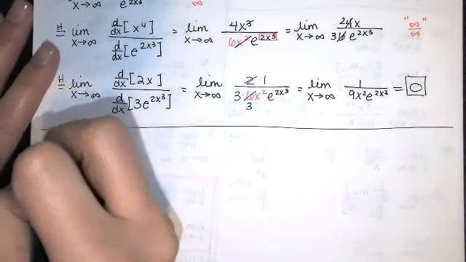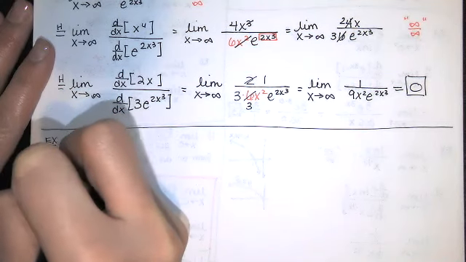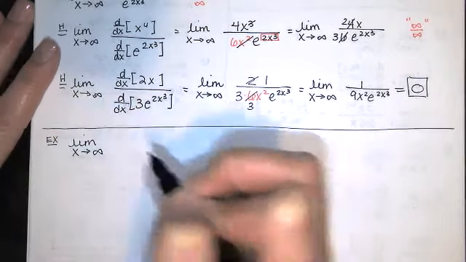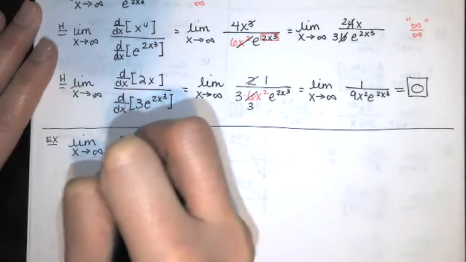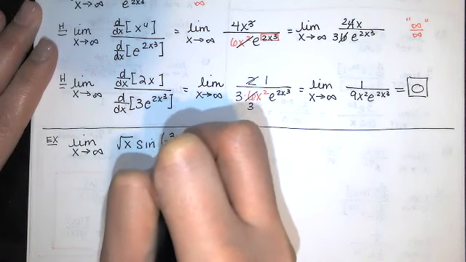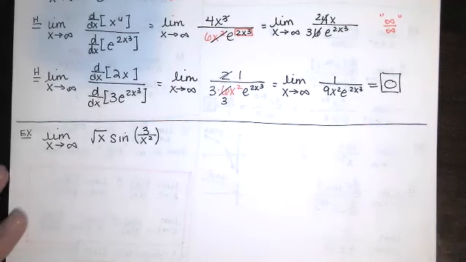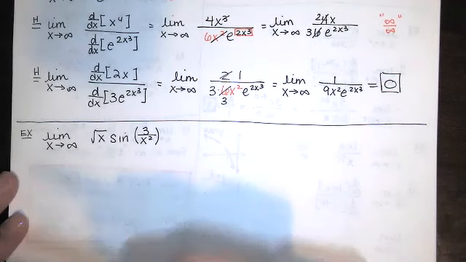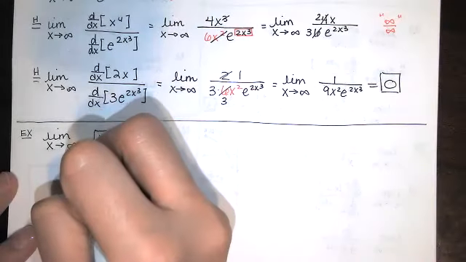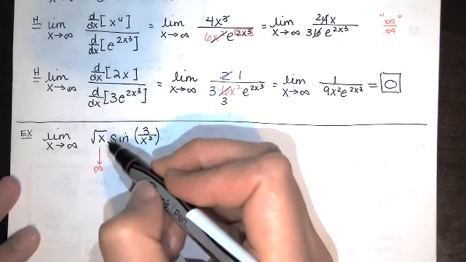So let's say you've got this type. This indeterminate form. You have the square root of x times sine of 3 over x squared. And you're taking the limit as x goes to infinity. Well, as x goes to infinity, of course, square root of x goes to infinity. That's a very large number.